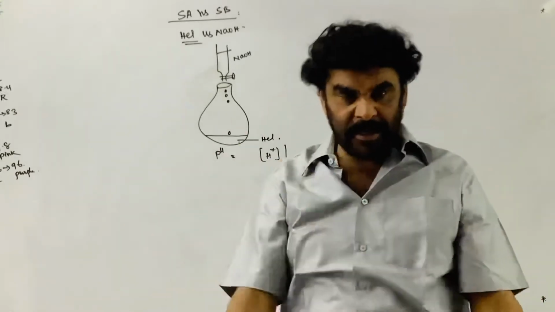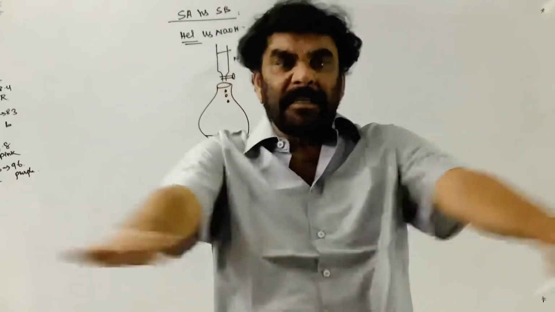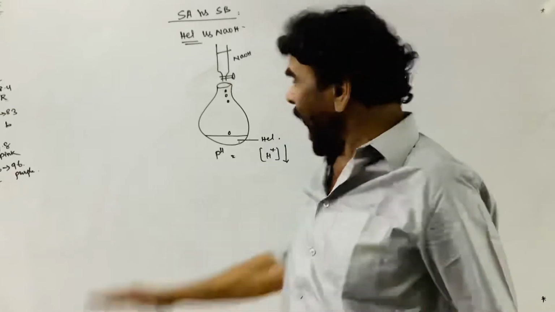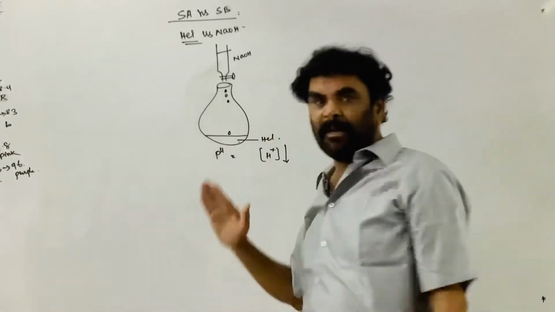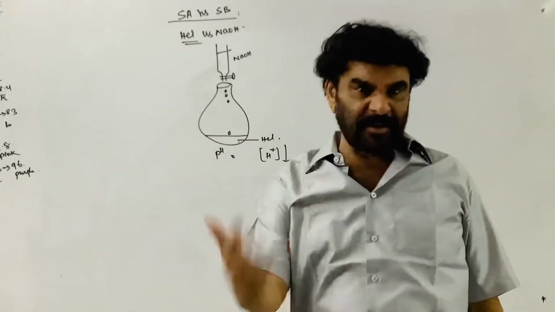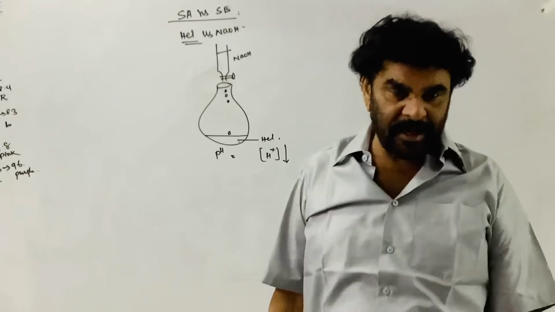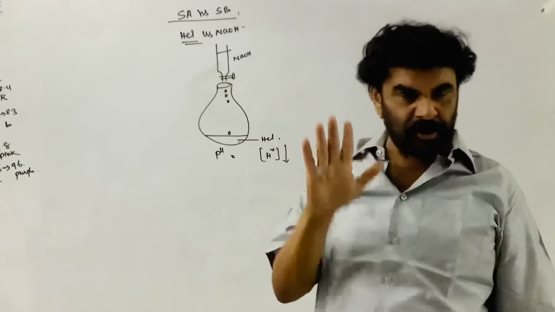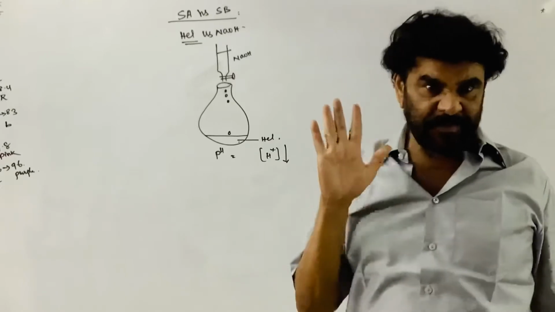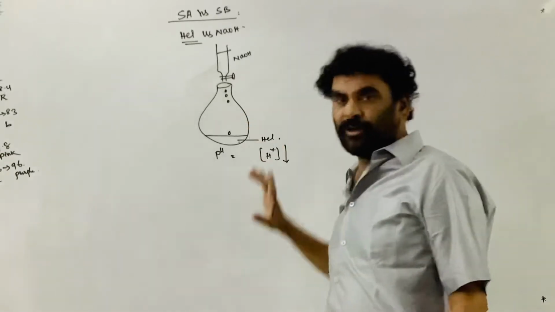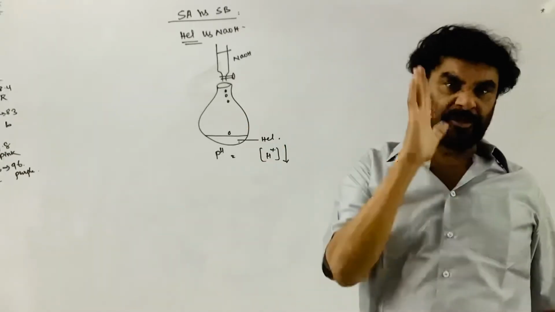Theoretically, what is the equivalence point? When the acid is completely neutralized, the H plus ion concentration should be 10 to the power of minus 7, that is, the solution should be neither acidic nor basic. The pH of the solution should be 7.